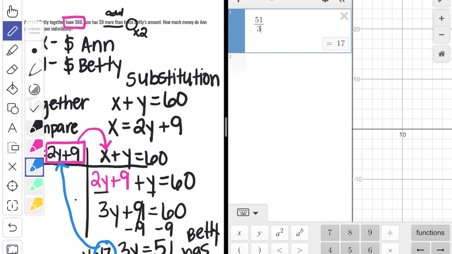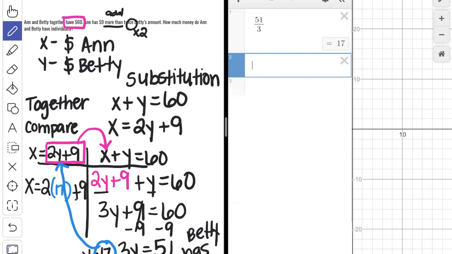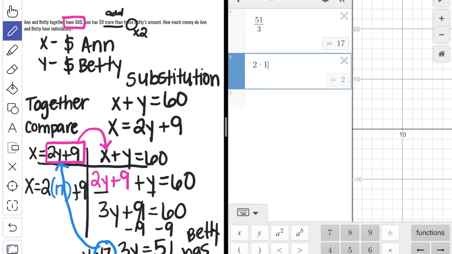So I have x equals 2, and where y is, I'm going to plug in 17, plus 9. All right, so I have 2 times 17 plus 9, and that's going to give me $43. So I now know that Ann has $43.